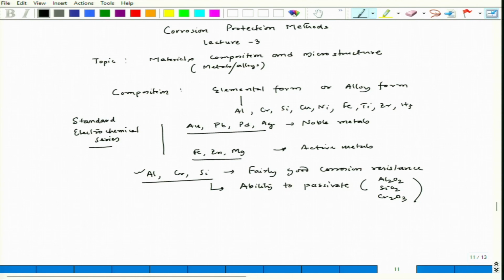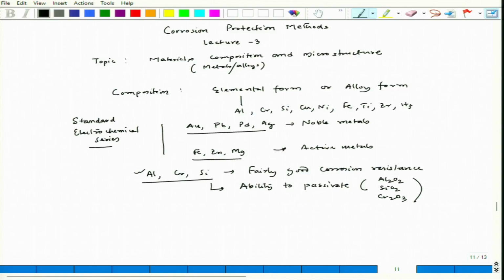Most of our applications use alloy forms, like aluminium alloys. Chromium is used in alloying with iron, silicon again is used along with iron, and there are copper based alloys, nickel based superalloys, titanium based alloys and zirconium based alloys. When we say iron based, that means the iron content is mostly the maximum.